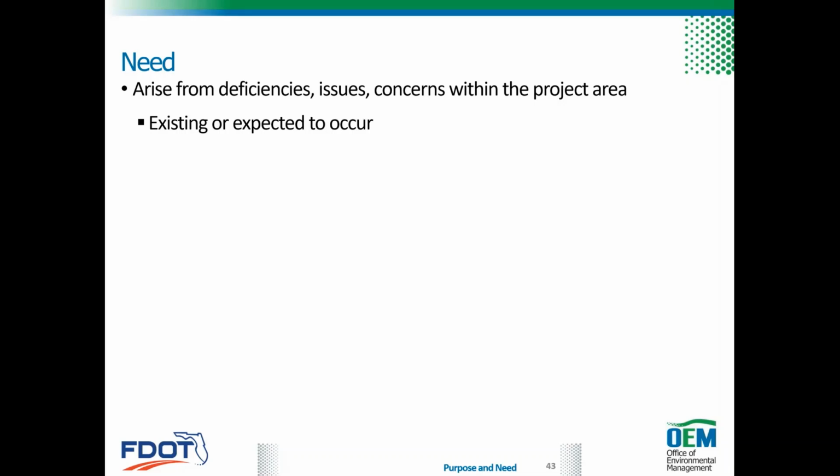So next, I'm going to mention some items or some considerations that may assist in the discussion of the need for the proposed action. And this list is, of course, not all-inclusive. With the exception of the project status, the remaining elements are not applicable in every situation.